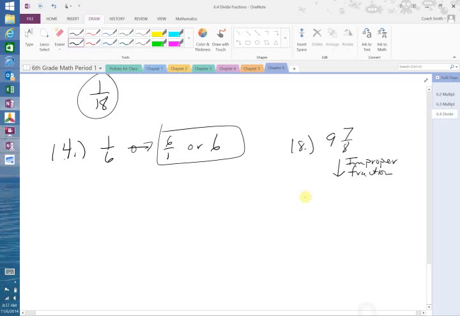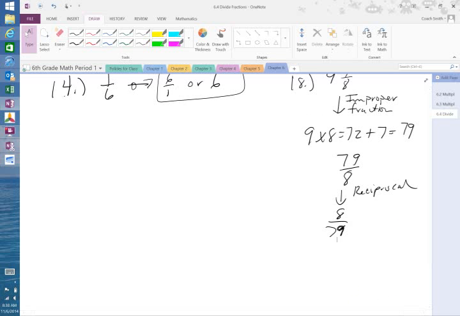I take 9 times 8, which is equal to 72, plus 7, 79, and so that'd be 79 over 8. Now I have to change that to the reciprocal. What is it? 8 over 79. So that's your reciprocal.